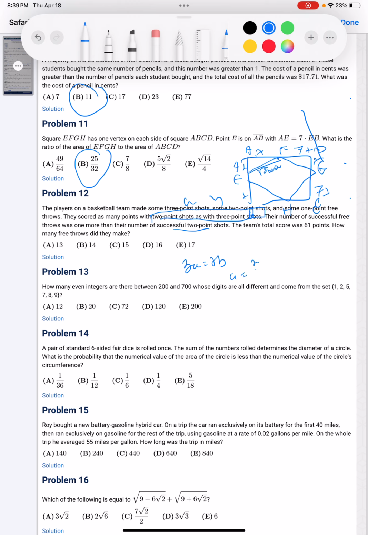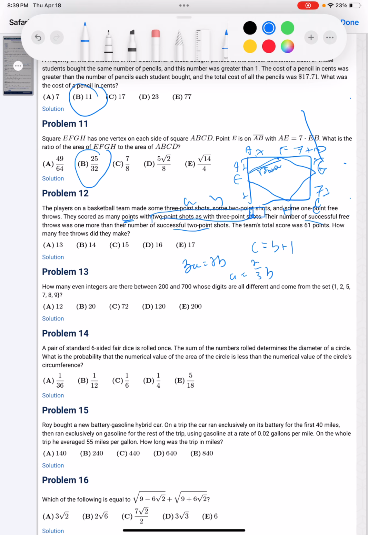A equals 2/3 B. And then the number of free throws is 1 point. That's why I'm messing up, it's points. So free throws, which is C, is one more than the number of 2-point shots.